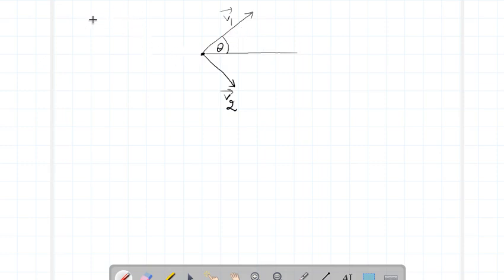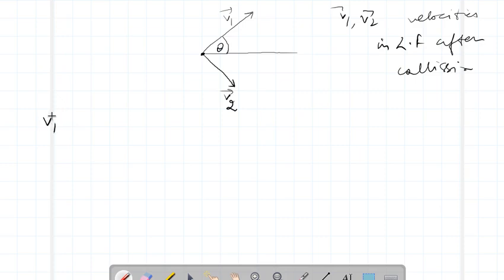So how are these velocities related? Because these are v1 and v2, the velocities in the laboratory frame after collision.